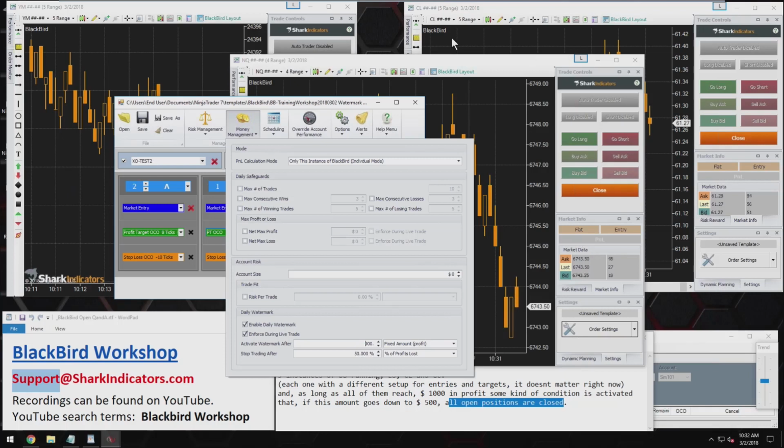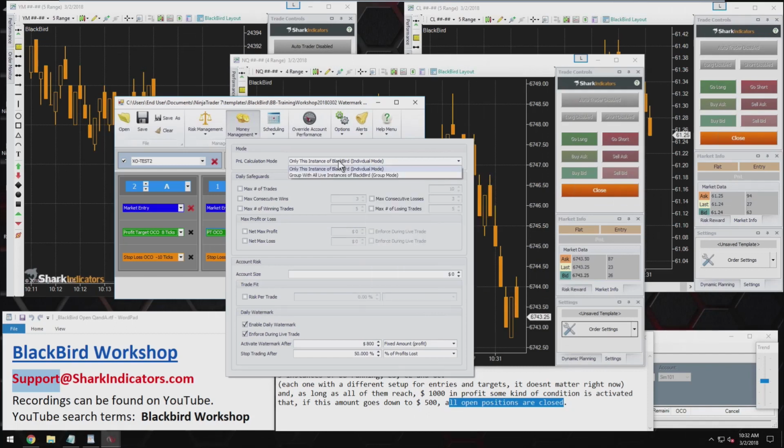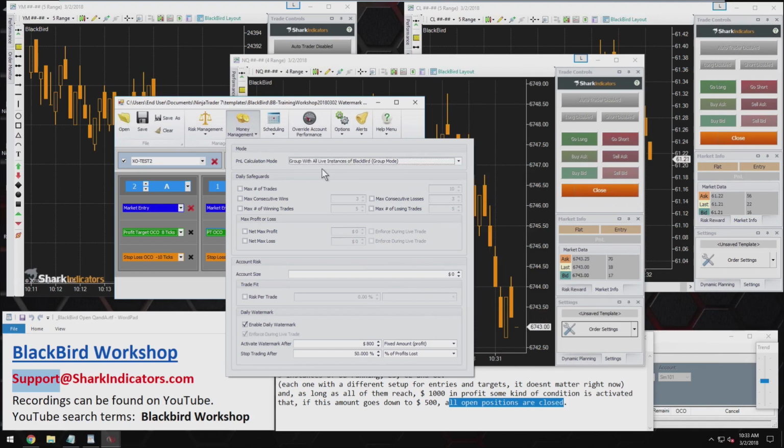So the other 2 Blackbirds might stop trading before this 3rd Blackbird does, right? So make sure that your watermark settings are exactly the same. And one other thing I forgot to do is change this to group mode. We need these Blackbirds running in group mode for their net profit and loss.